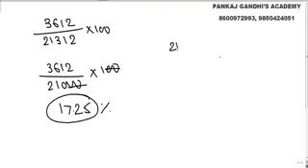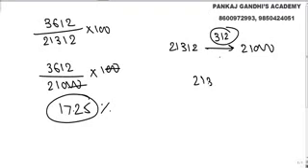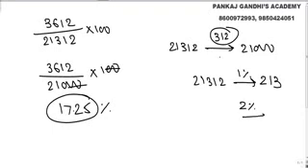But we have reduced the denominator from 21312 to 21,000, we have reduced by 312. 21312, 1% of that is 213 and 2% is 426. So nearly it's 1.5%.